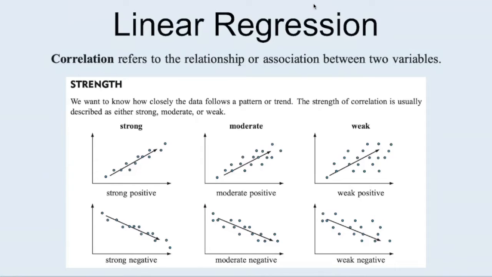Again, whether it's going upwards from left to right or downwards from left to right, you could either have a strong or weak correlation. So you'll see the different variations. The further the points are spread out, the weaker the correlation. The more clustered the points are together from left to right, the stronger the correlation.